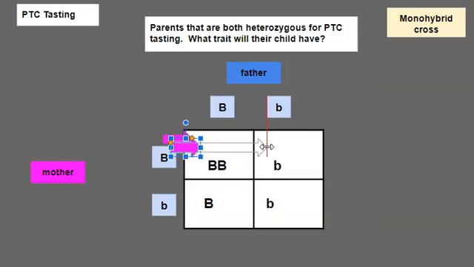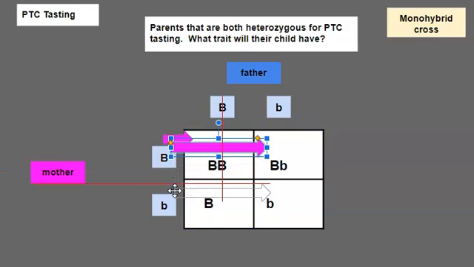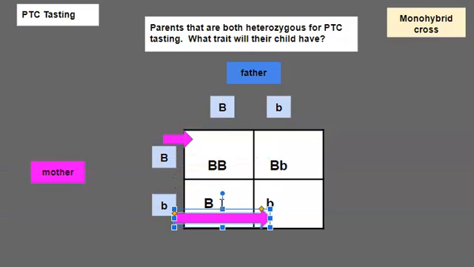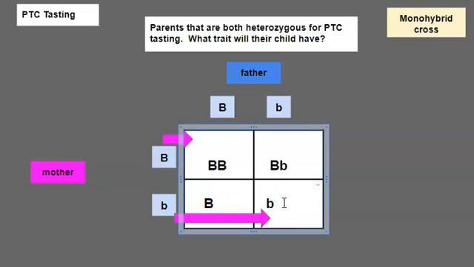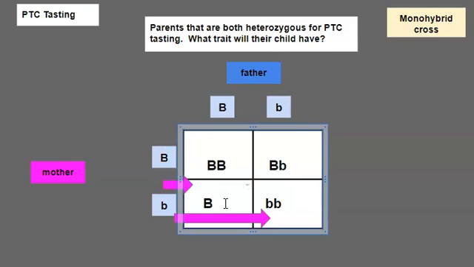So over here I'll also have a big B. And then the same thing happens down here, but in this case, we have a little b. So I'll have little b. And likewise, her first allele will travel to the first box.